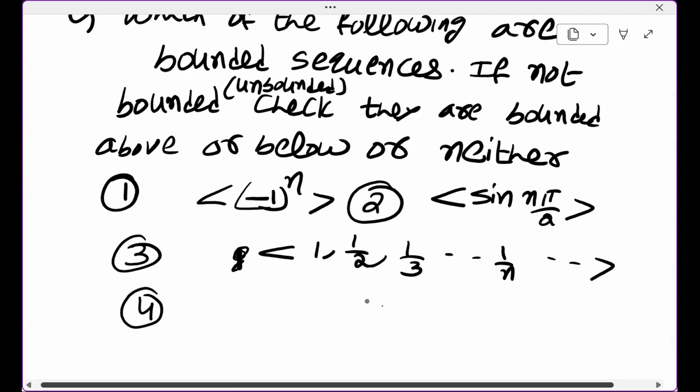So let us see whether the first one, (-1)^n sin(pi/2). Second one, bounded is being said. n square. One over 2 power n.